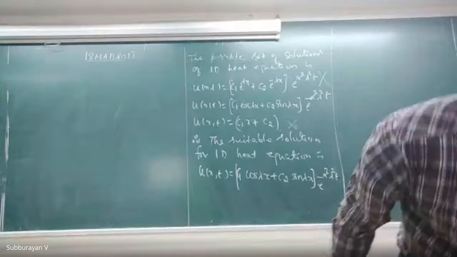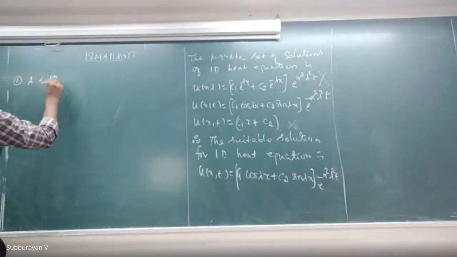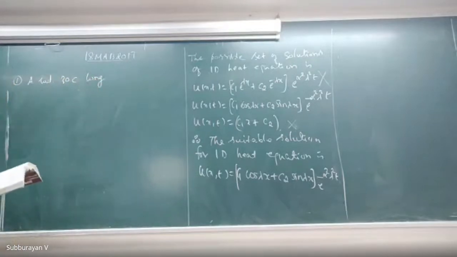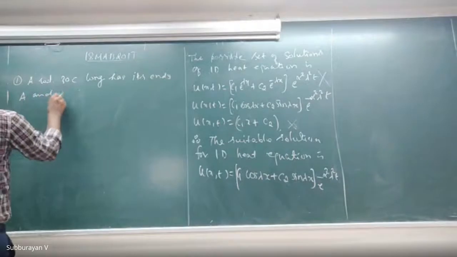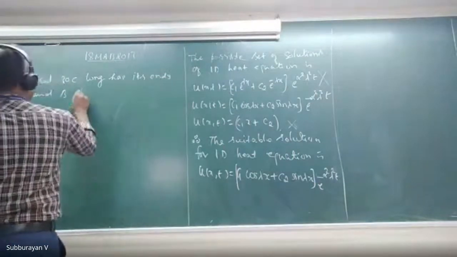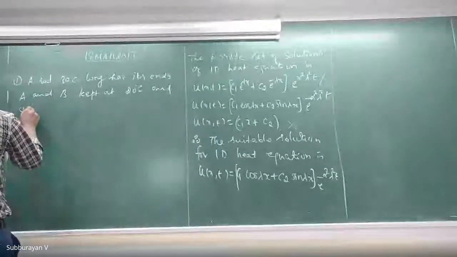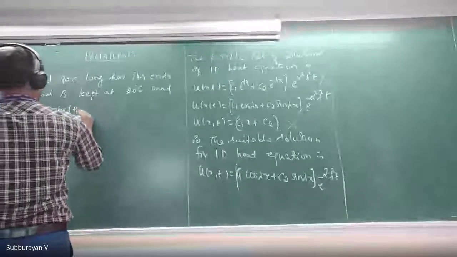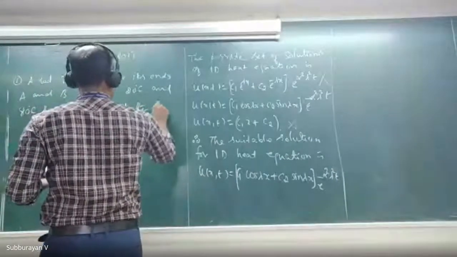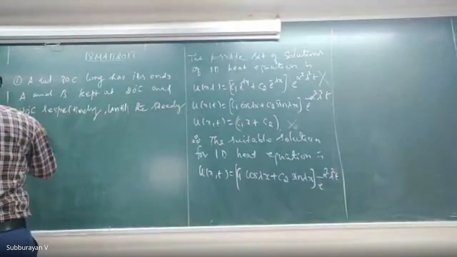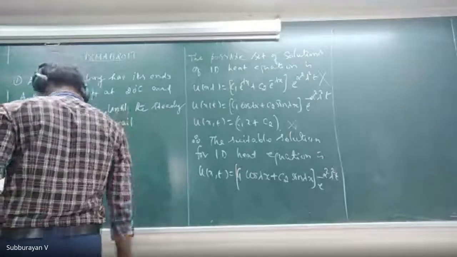See, the first problem is: a rod 30 centimeter long has its ends, capital A and capital B, kept at 20 degrees Celsius and 80 degrees Celsius respectively until the steady state conditions prevail. Until the steady state conditions prevail.